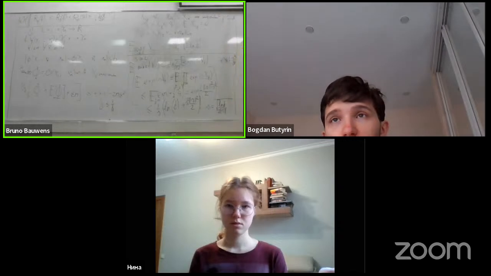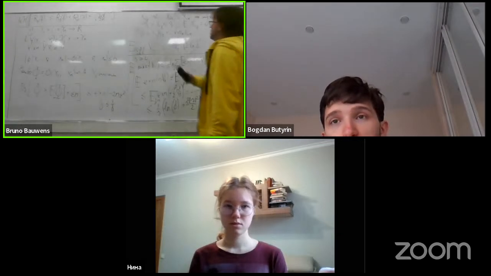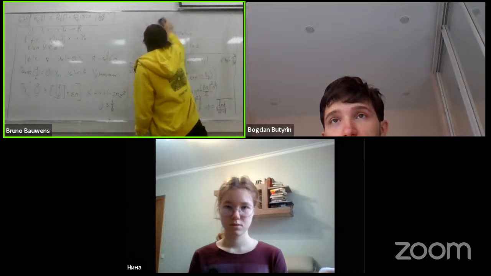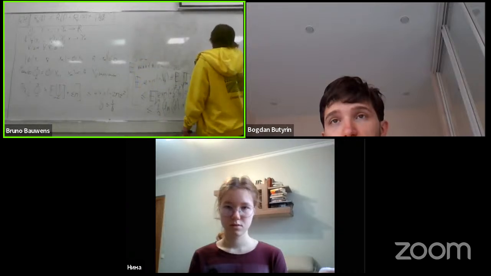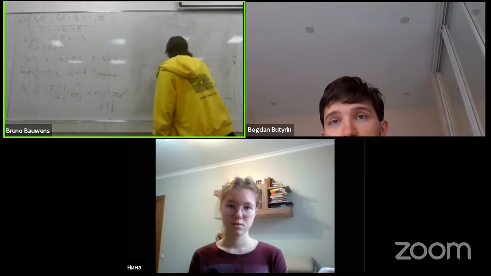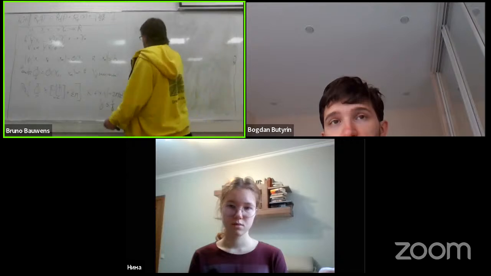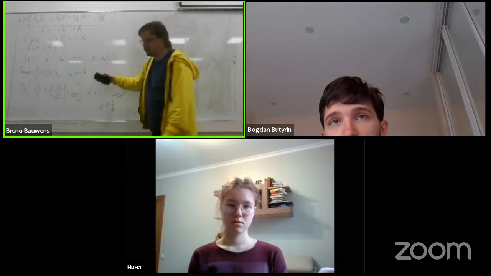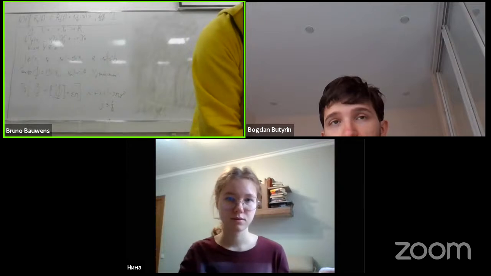So let me first make some space and then write the definition. Unfortunately, I will need more space. I will need to delete this part too. But okay, let's first start with just writing down the definition.